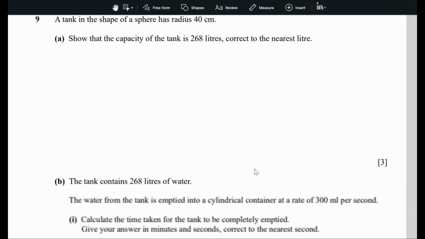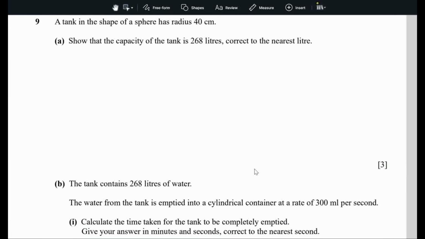Let's move to question number 9. A tank in the shape of a sphere has radius 40 centimeter. Show that the capacity of the tank is 268 liters, correct to nearest liters. So we know that this one is a sphere, and the formula for the volume of the sphere is 4 by 3 pi r cube.